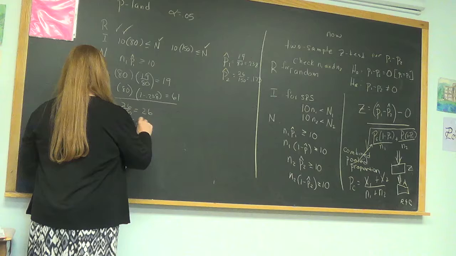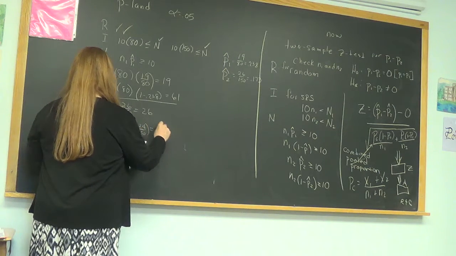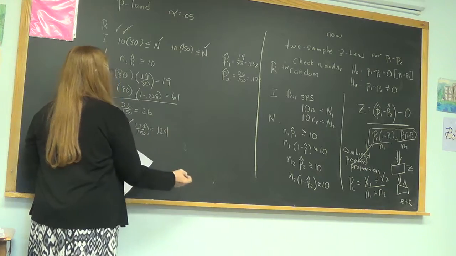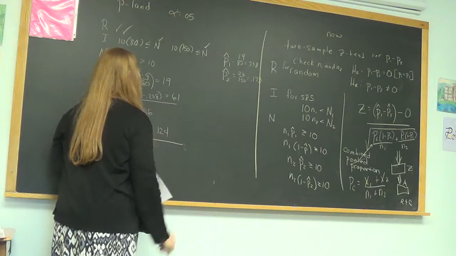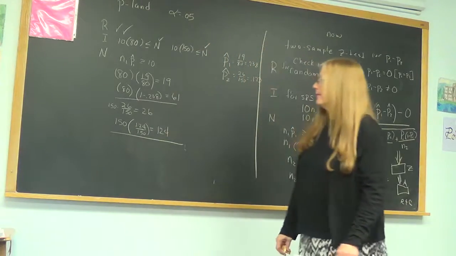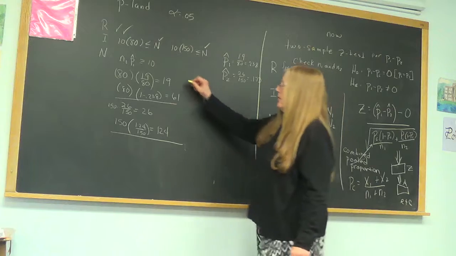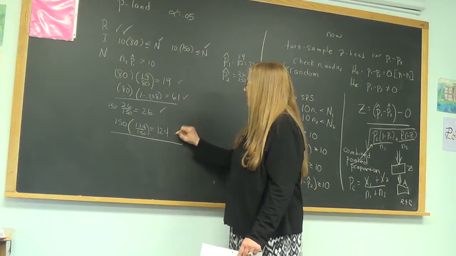You want us to go to the third digit, even in checking for normal? Probably not, as long as it's greater than 10, because we're already given one of the numbers. Alright, so we are greater than 10 on all 4 counts.